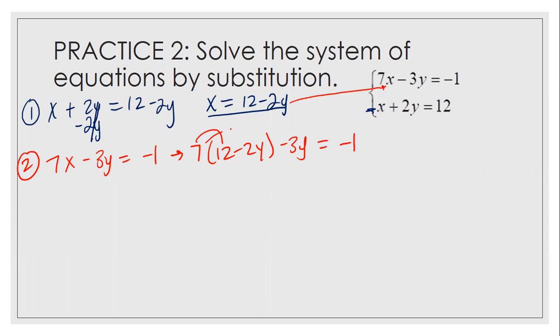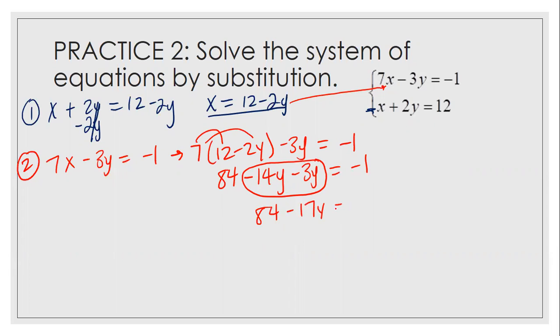So we distribute, and we get 7 times 12 is 84, 7 times negative 2 is negative 14, minus 3y equals negative 1. We combine like terms. That gives us 84 minus 17y equals negative 1.